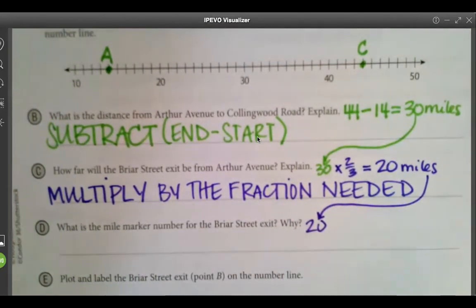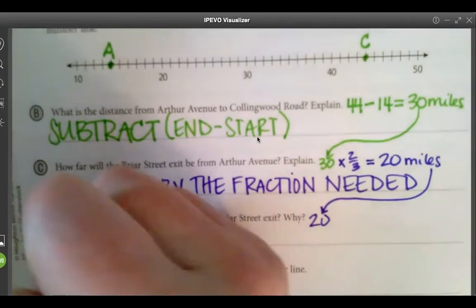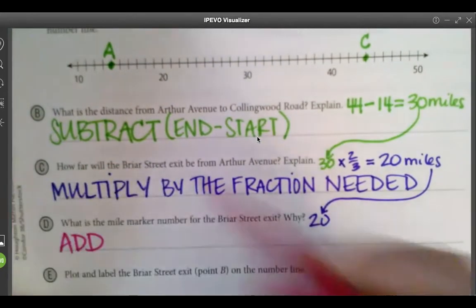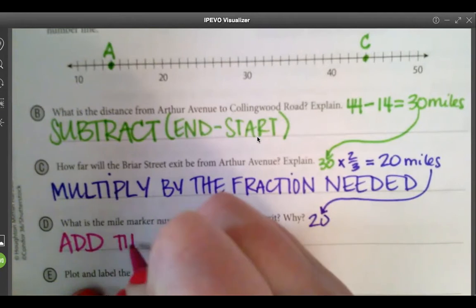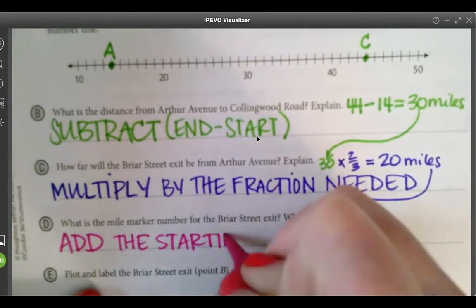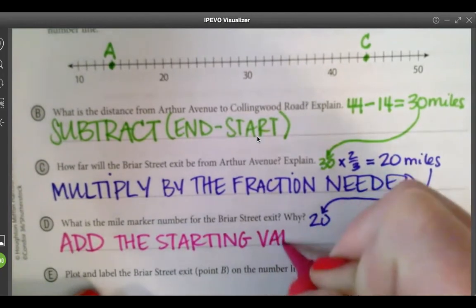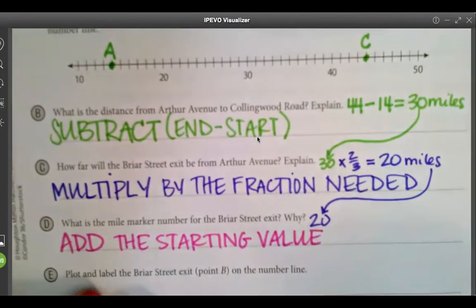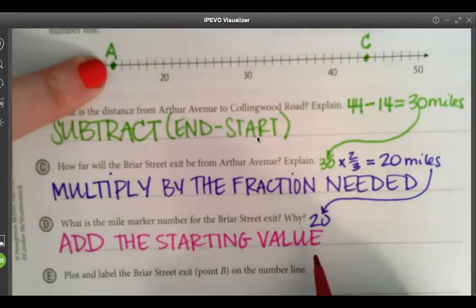So what we have figured out is that we need to move 20 units, or 20 miles in this case, from our starting place. So we're going to add the starting value. Our starting value on this number line, if we're starting at Arthur Avenue, is just 14.